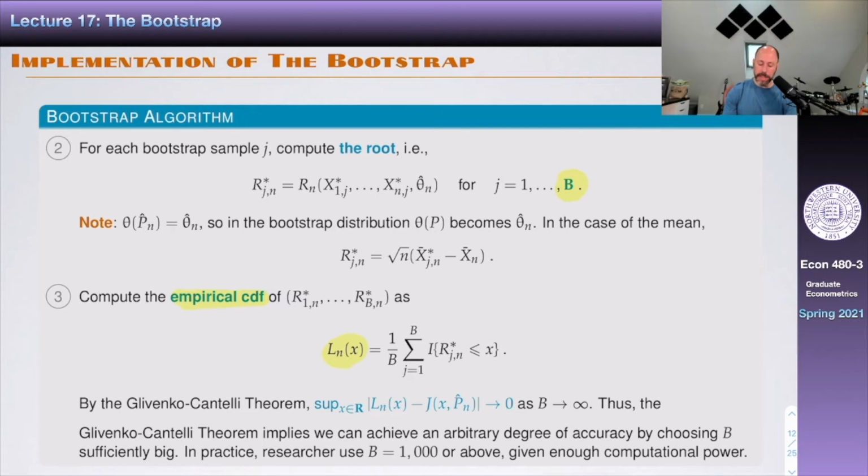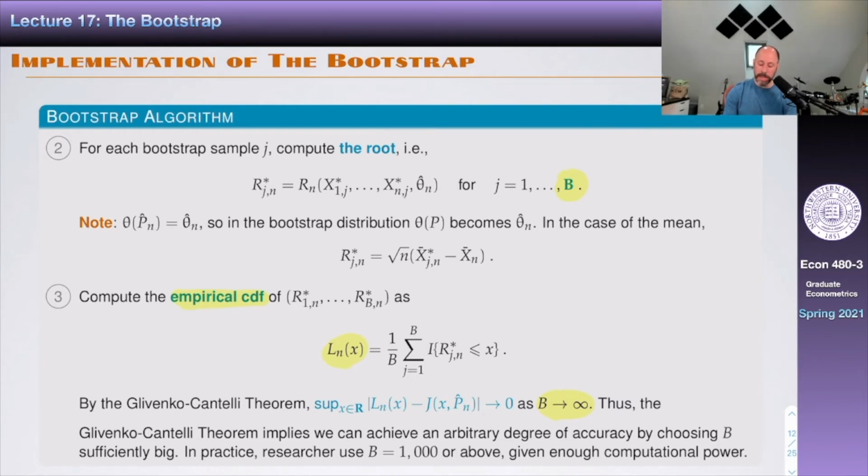And by the Glivenko-Cantelli theorem, as I wrote here, this approximates the Bootstrap distribution, J x b hat n, very well uniformly over any point in the support as B goes to infinity. And so in the Bootstrap we're using an approximation here, but we have control over the accuracy of this approximation.